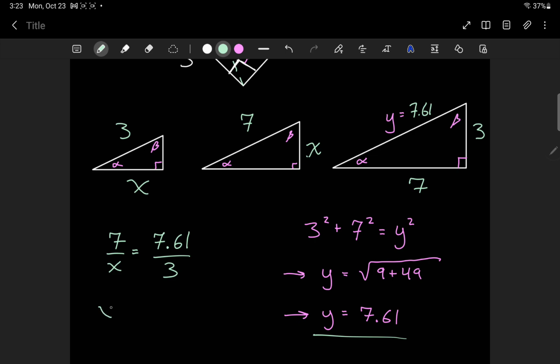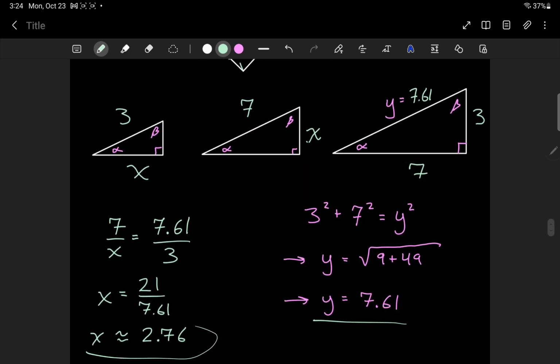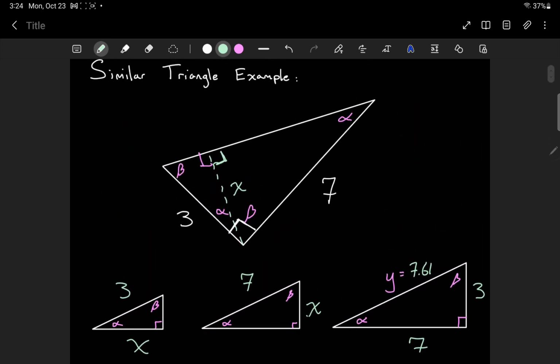So this means that x, if we cross multiply here, is going to be 21 divided by 7.61, which is around 2.76. And looking at our original equation here, 2.76, that matches just about where we would want that to be.